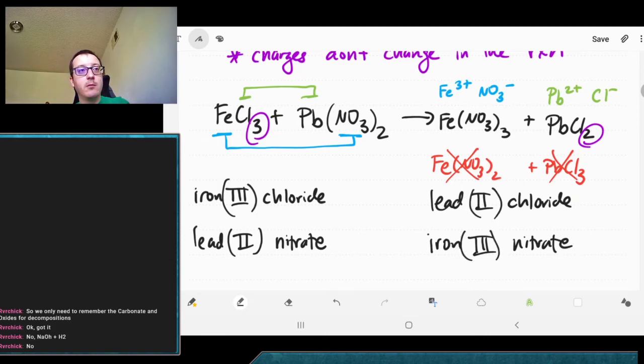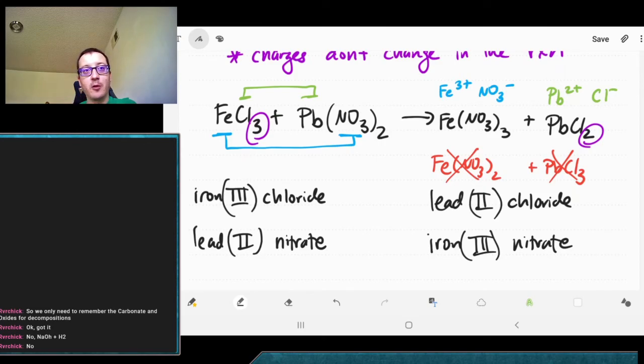So all we're doing is the same thing with the names. We're just swapping the partners there. All right, and so if you know the names, if you like this way, take the names, swap their partners, and then come up with the formulas from the names. That'll work too. So we do end up with lead 2 chloride, which is PbCl2, and we do end up with iron 3 nitrate, which is Fe(NO3)3.